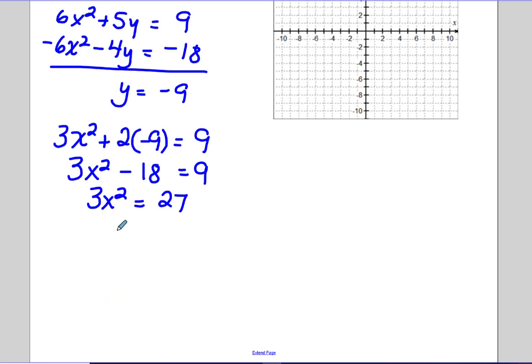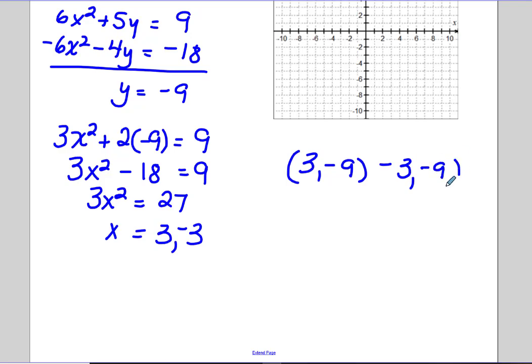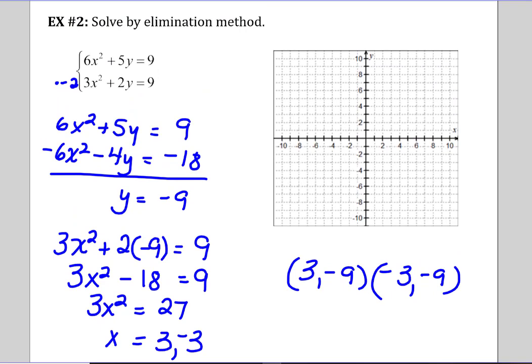And dividing by 3, x squared is 9. So x is either 3 or negative 3. So we have solutions when x is 3, y is negative 9, and when x is negative 3, y is negative 9.